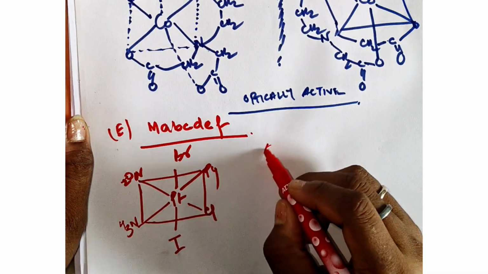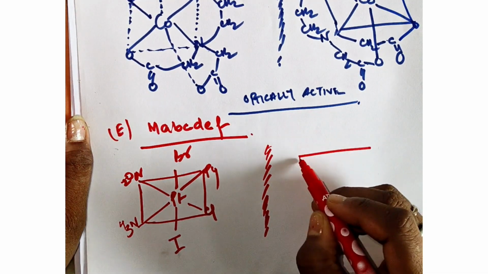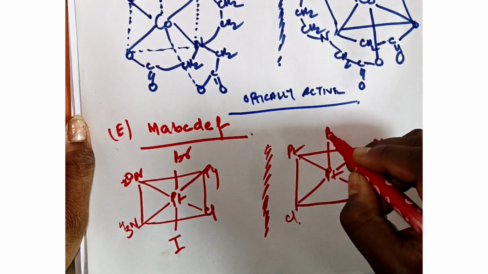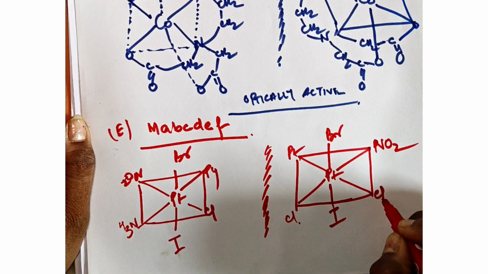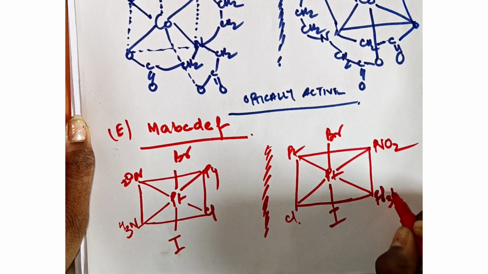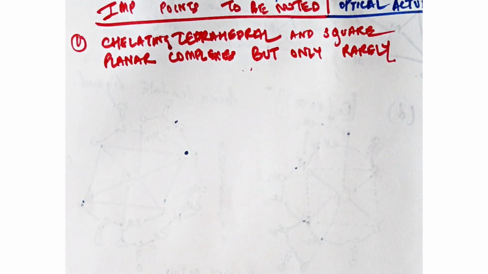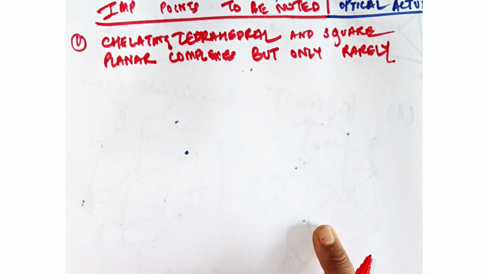All ligands are different. This is I, and here you have H3N, ammonia. Optical activity is shown by chelating tetrahedral and square planar complexes, but only very rarely.